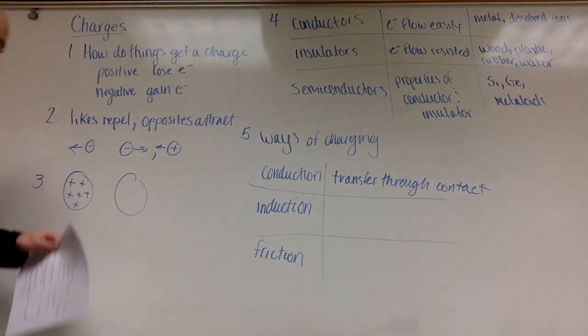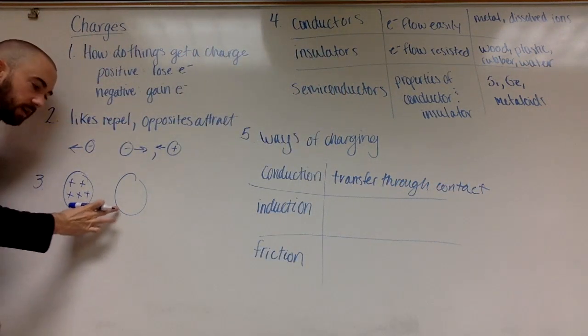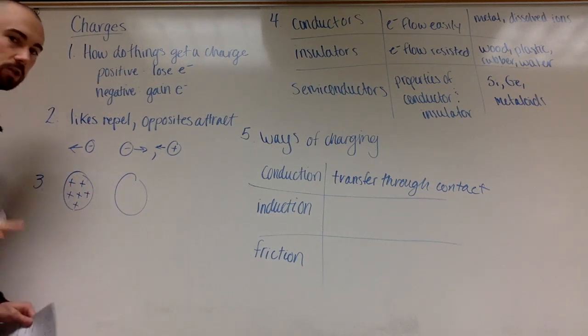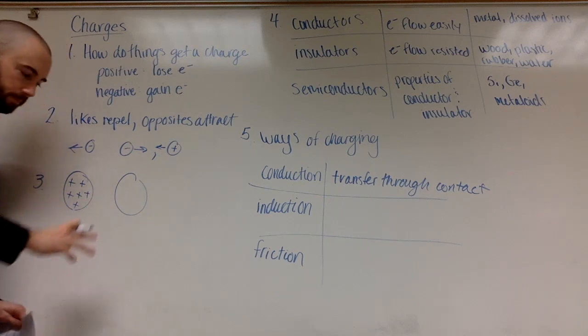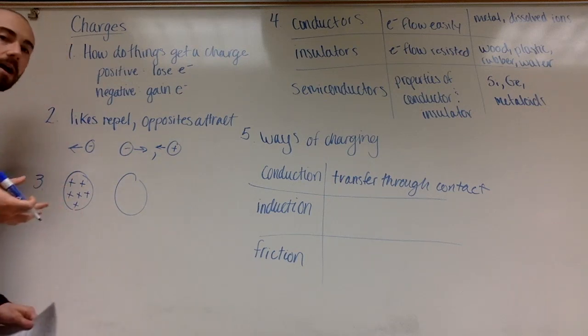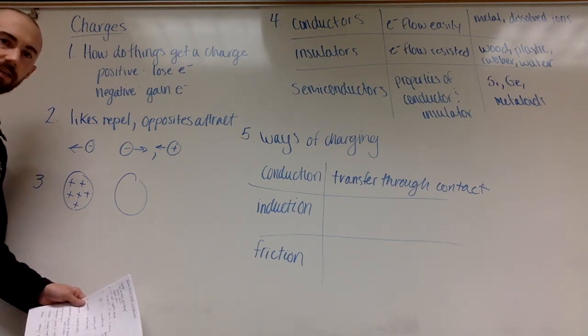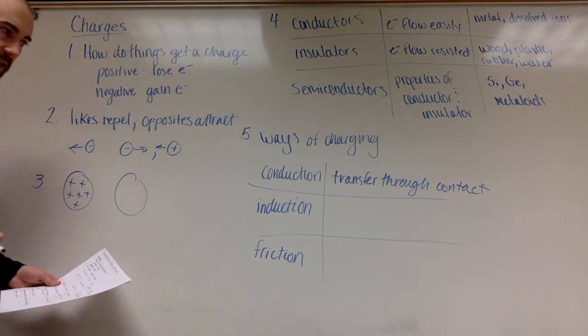That's like in this example, when we put the nail on it, it was in contact with both of them. It allowed charges to flow through. This had a higher charge density. Charges always want to even out their spread so that there's not a higher charge concentration in one place. Just like energy and heat want to flow out and evenly distribute themselves, charges want to do the same.